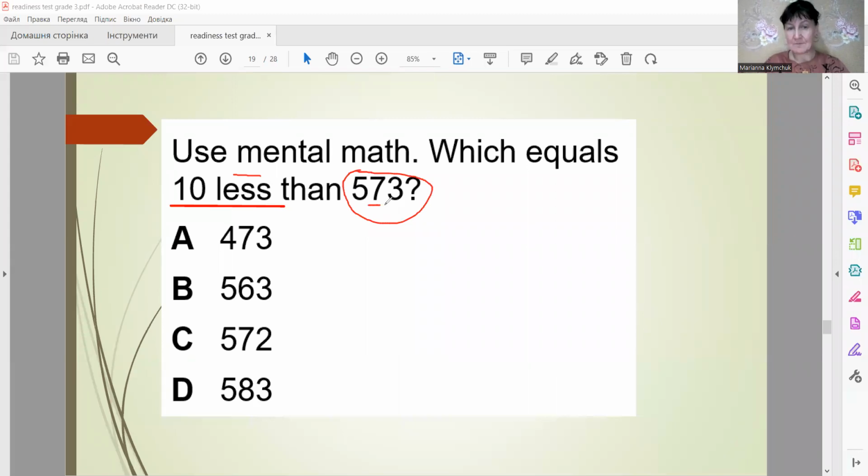Of course, 7 means tens. If you do minus 10, 70 minus 10 is going to be 6 here in the middle. These numbers you just copy. You don't touch them. You don't do anything with them. So what we have is 563.